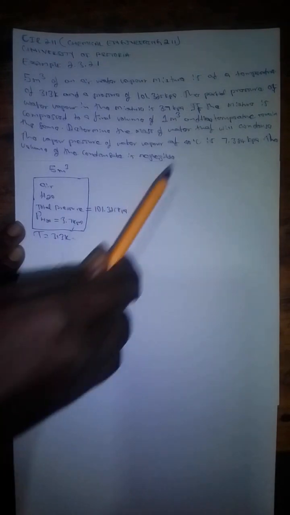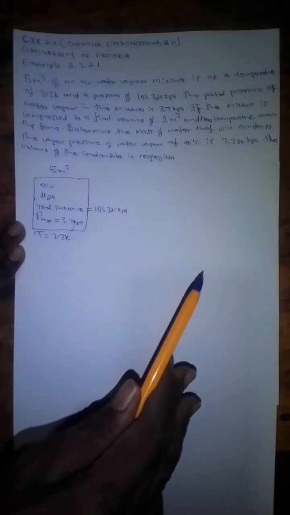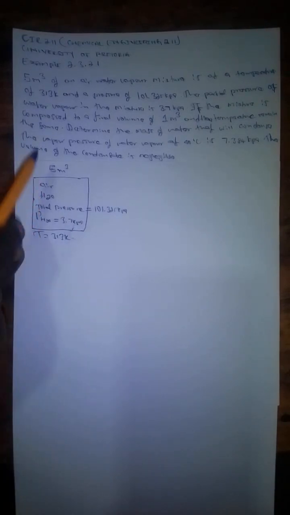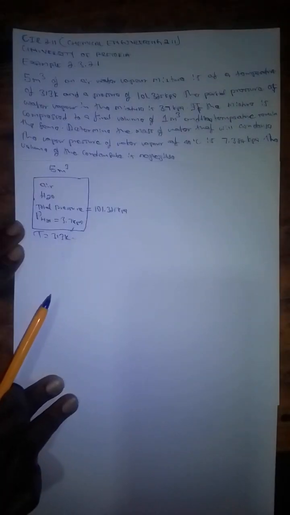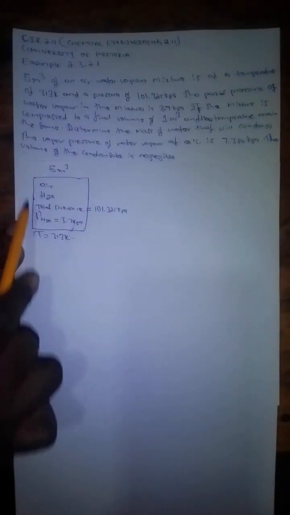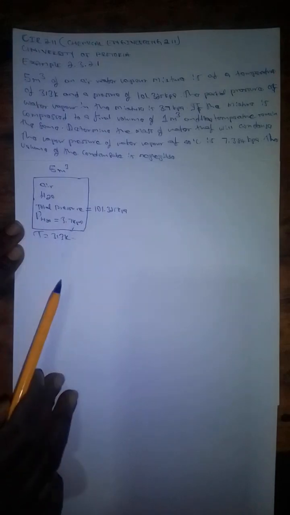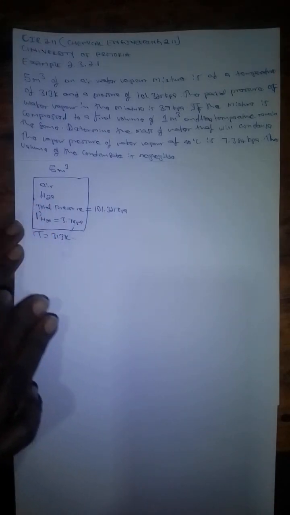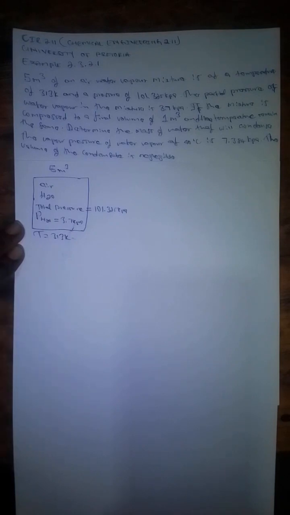This is because the vapor pressure is the maximum pressure that water vapor can handle at 40 degrees Celsius, right? And now we have a partial pressure of water vapor that is less than the maximum. So we are certain that under these conditions, there's no liquid water, it's only water vapor, right?